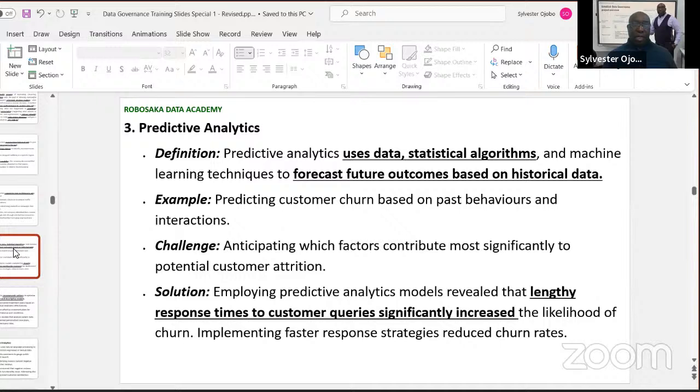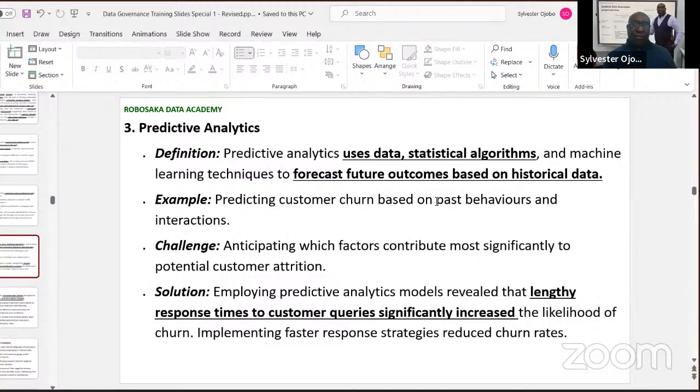We also mentioned predictive analytics, defined as using data, statistical algorithms, and machine learning techniques to forecast future outcomes based on historical data.